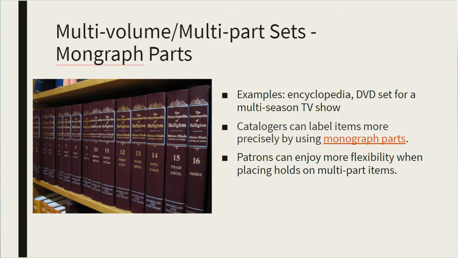Another example is an encyclopedia set where you might have 20 volumes that go together, but they're 20 volumes of the same thing. So you have one catalog record for the encyclopedia set, and then you have individual parts so that you can show how many volumes there are and that none of them can be checked out or whatever.